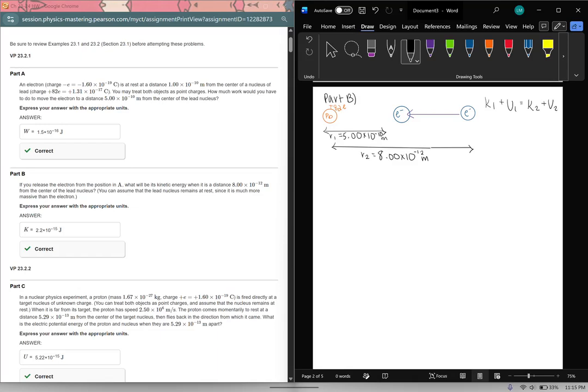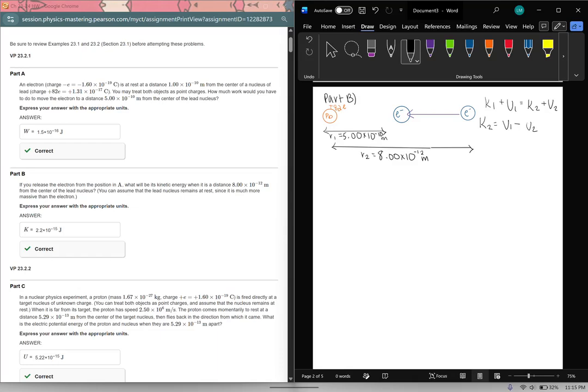Since the electron is starting from rest, the initial kinetic energy is 0. Rearranging the equation gives the final kinetic energy equal to the initial potential energy minus the final potential energy, which is U2. So let me write that down.